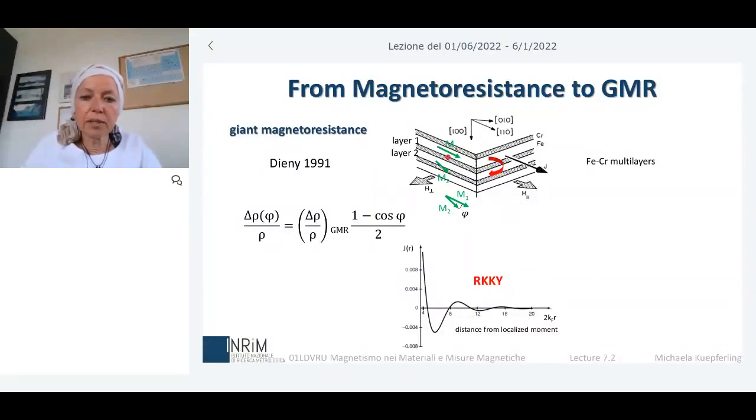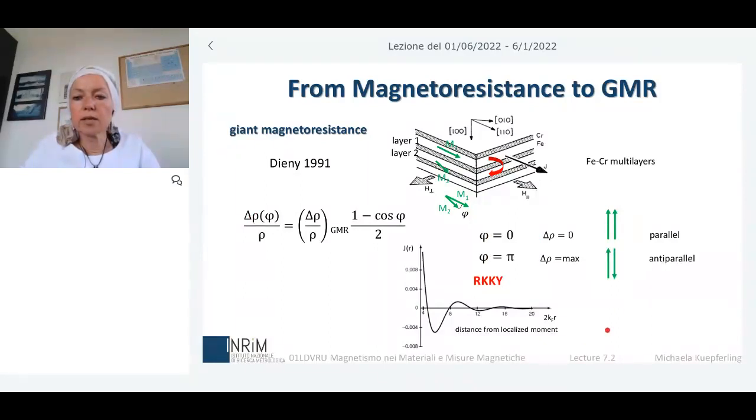So the angle between the two magnetizations counts here, and this was studied by Dieny in 1991. So if we have parallel configuration, then we will have delta rho equal to 0. And if we have anti-parallel, we will have delta rho maximum. So we have maximum resistance in the anti-parallel configuration, while we have minimum in the parallel configuration.